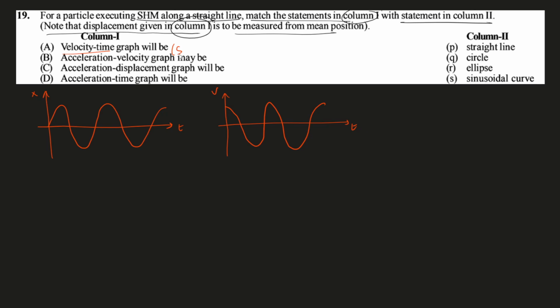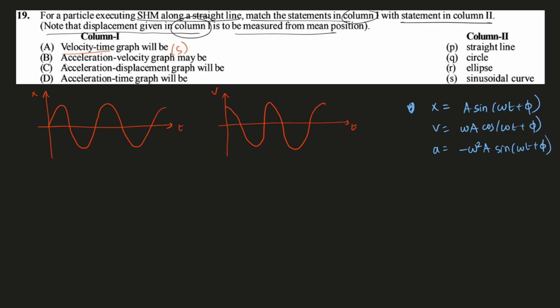So this is S. Acceleration velocity graph maybe. So if you think about it, we know for a fact that if, let's say, the position is represented by amplitude times sine of omega t plus phi, the velocity is represented by omega A cos of omega t plus phi, and the acceleration is negative omega squared A sine of omega t plus phi.